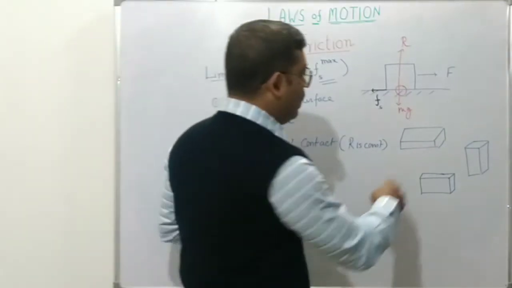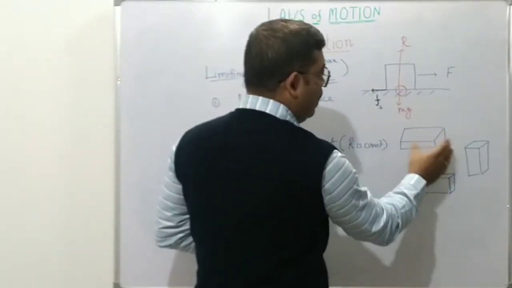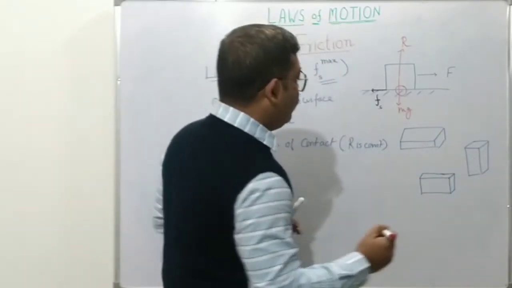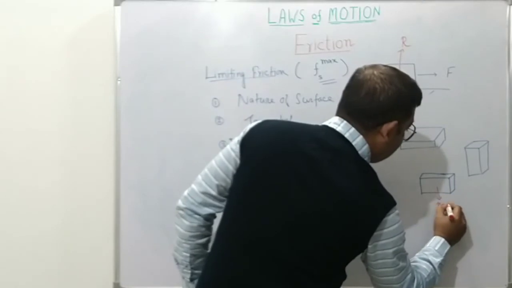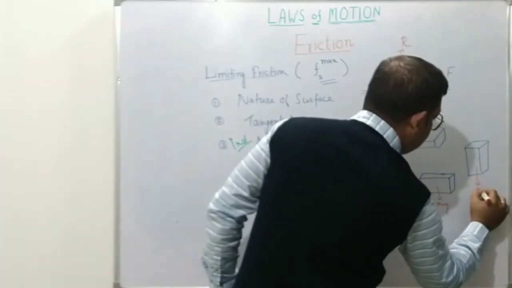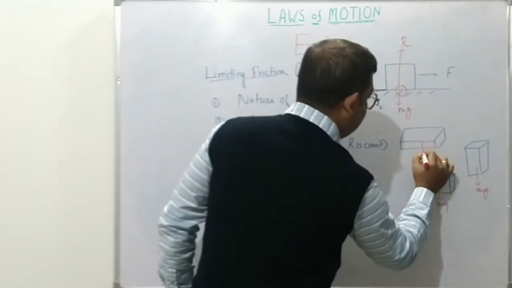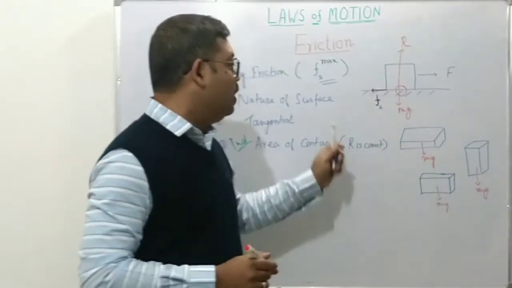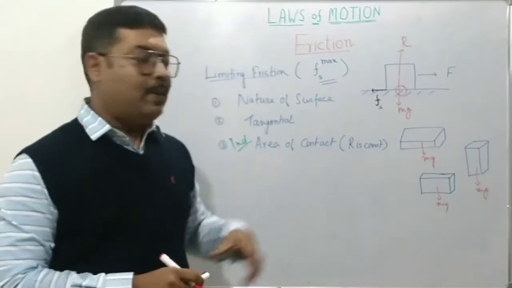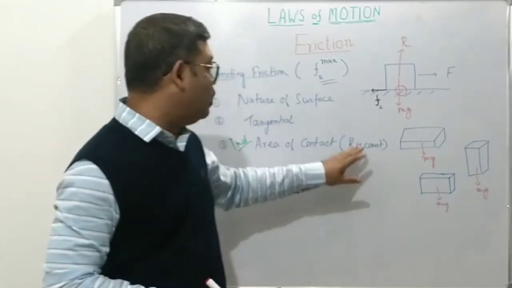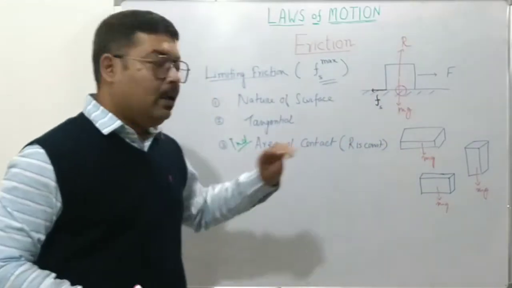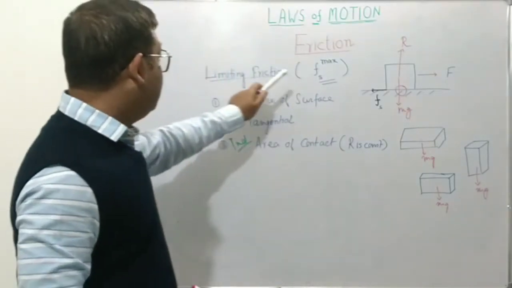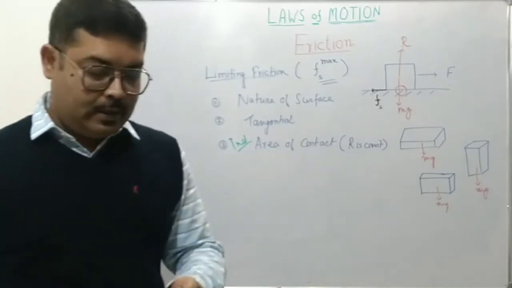So whether you put the object side on, or face up, or standing on one end, the weight will remain the same. And as a result, the normal reaction will remain the same. So as long as the object is the same, the mass remains the same, or the weight remains the same, or the normal reaction remains the same, the limiting friction is independent of the area of contact.